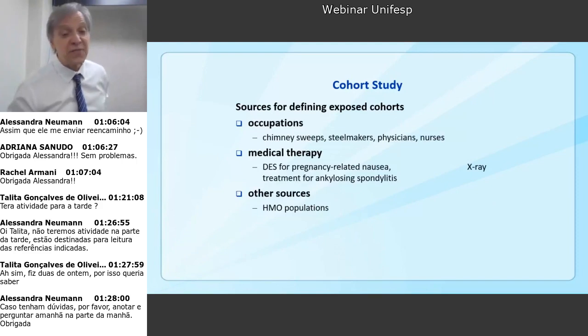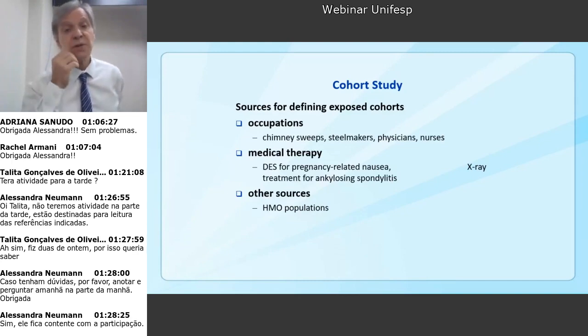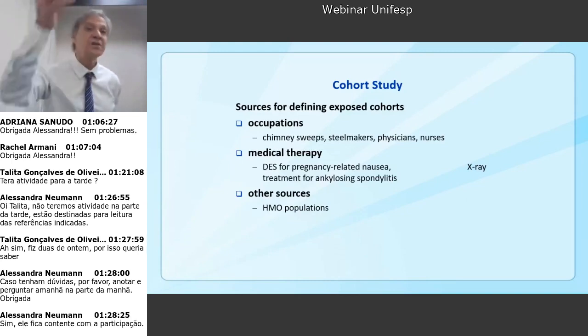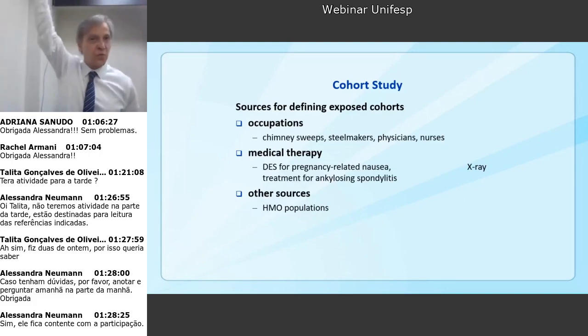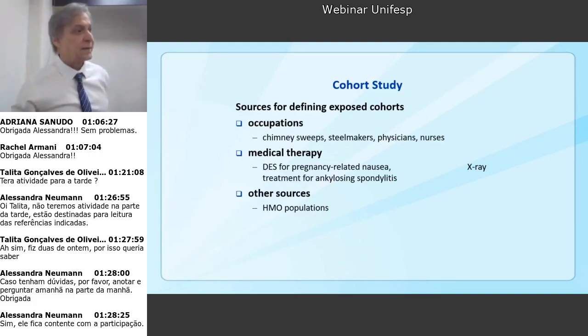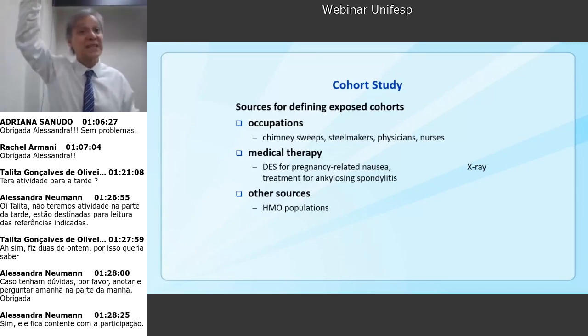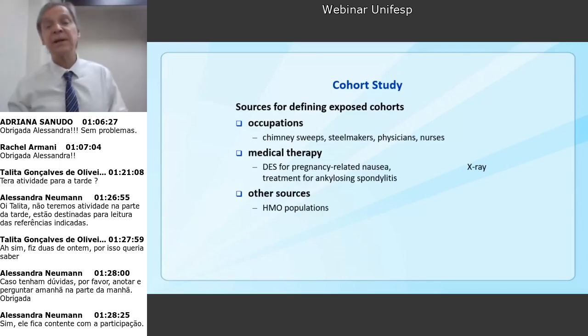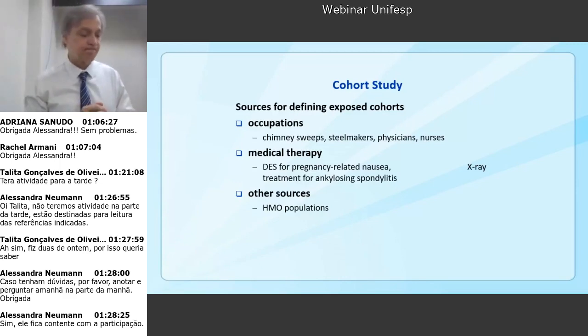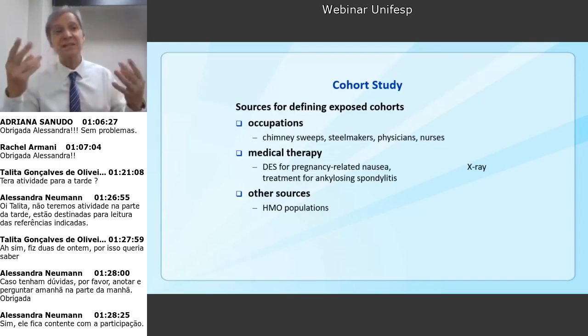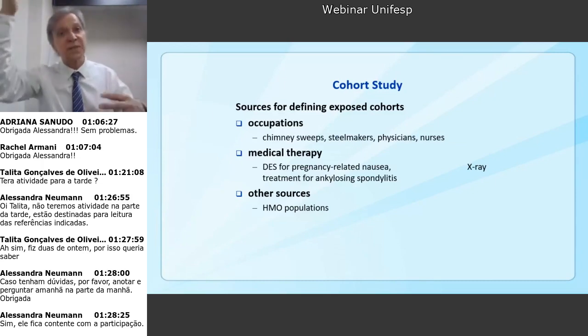For instance, one of the first cohort studies ever done was on suspicion of testicular cancer in chimney sweep workers, the people who clean the chimneys on the roof. At the turn of the last century they went there and cleaned them, and many of them developed testicular cancer. The reason is that the particles from their work stayed in their clothing.